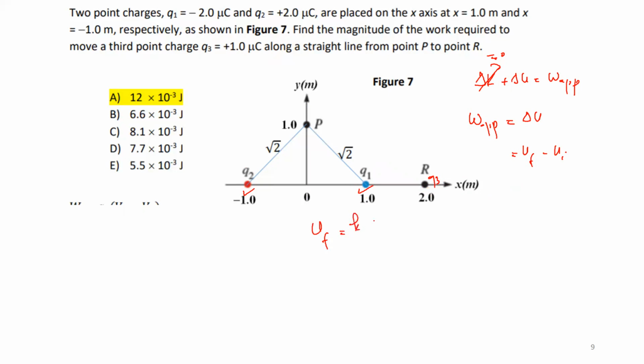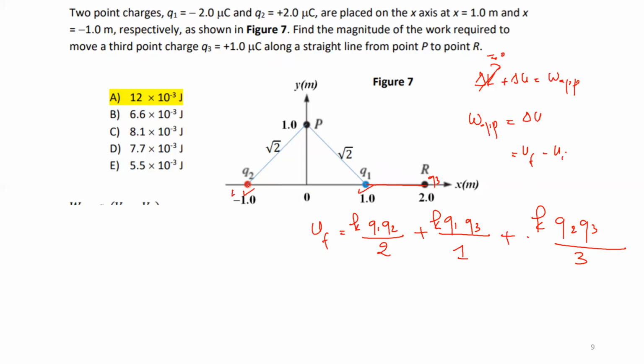It will be K Q1 Q2 divided by the distance between Q1 and Q2, which is 2 meters, plus K Q1 Q3 divided by the distance between them, which is 1, plus K Q2 Q3 divided by the distance between them. What is the distance between 3 and 2? It's 3.